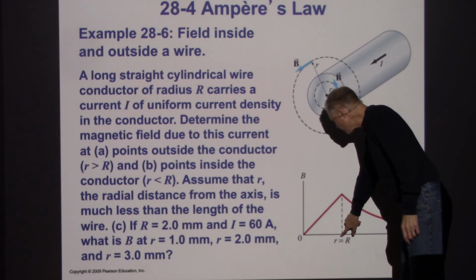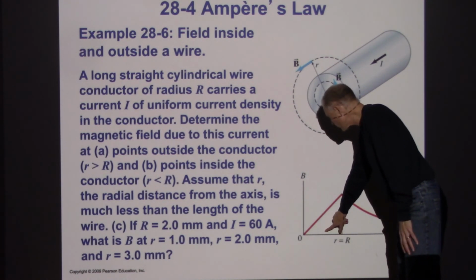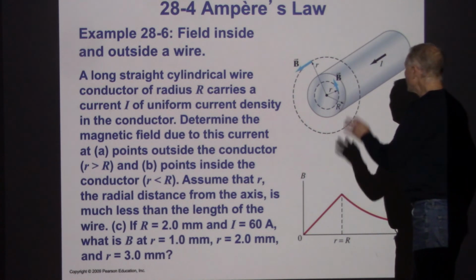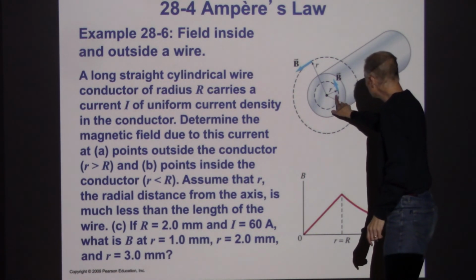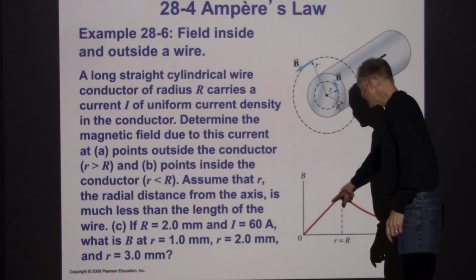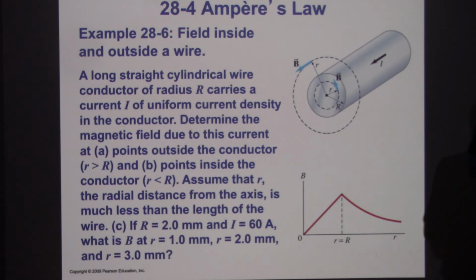The radius of the wire is 2 millimeters, so 1 millimeter would be halfway between the center of the wire and the surface. So what's the magnetic field halfway out? And that's a linear relationship. So whatever the surface value is, if we're halfway out from the center, we'll be at half of that value.